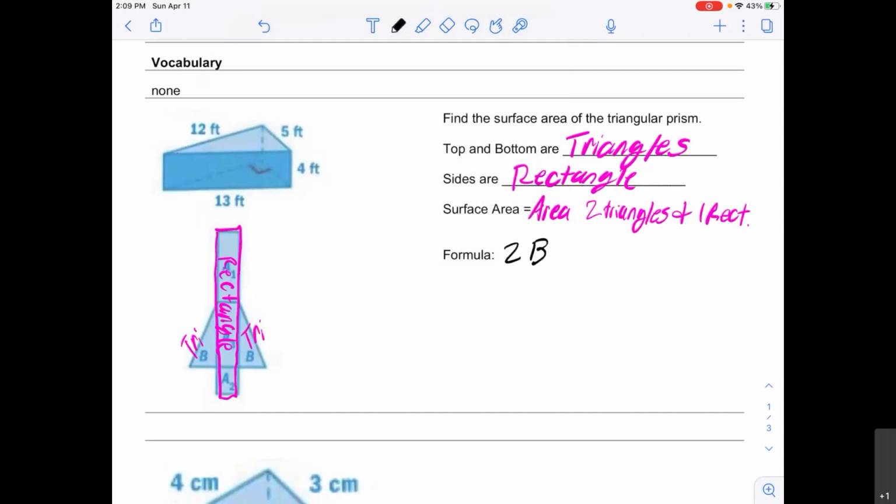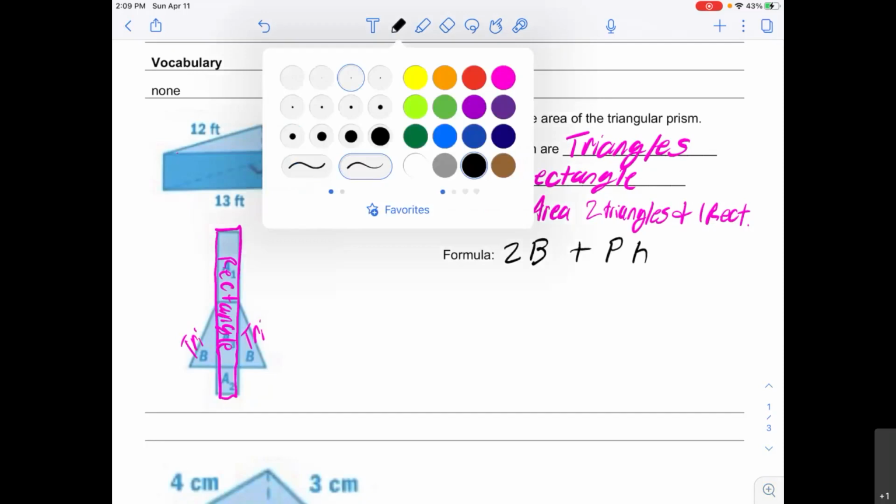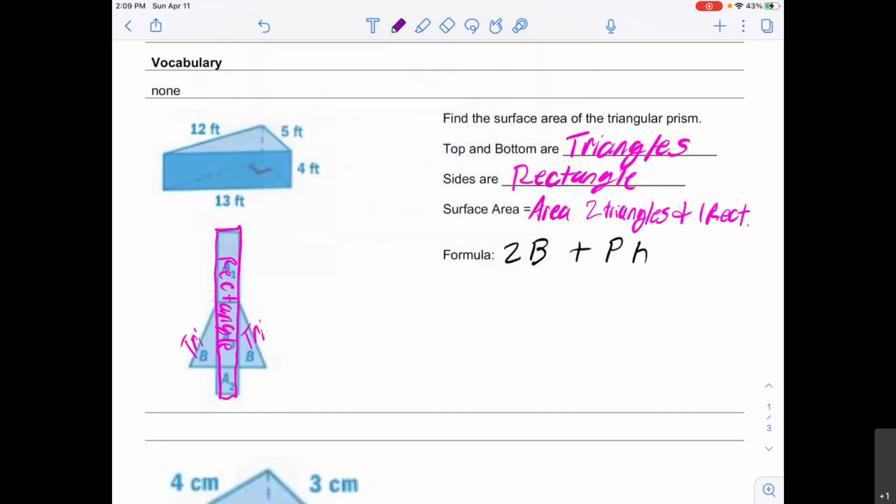2B plus Ph. I'm going to explain what each part of this means. The B stands for base. In this particular case, this is the area of the triangle.